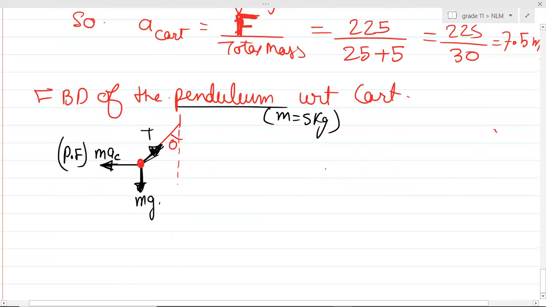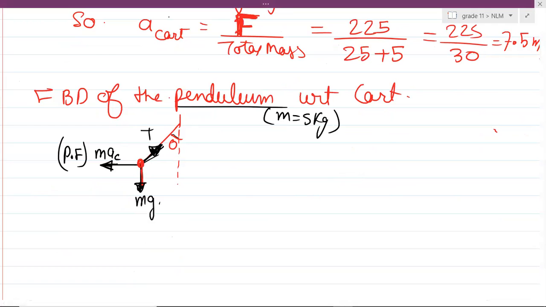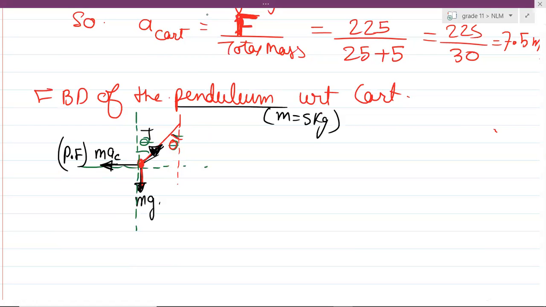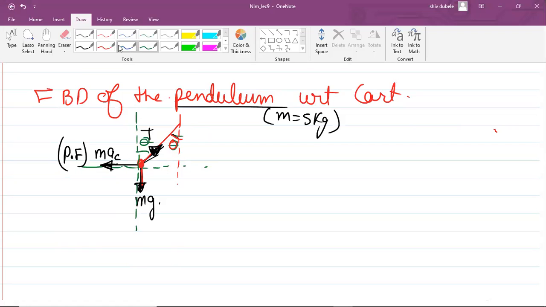And I can just resolve this now. If this angle is theta, I choose a frame like this. This is my frame. If this angle is theta, then this angle will also be theta, alternate interior angles. Yes or no?